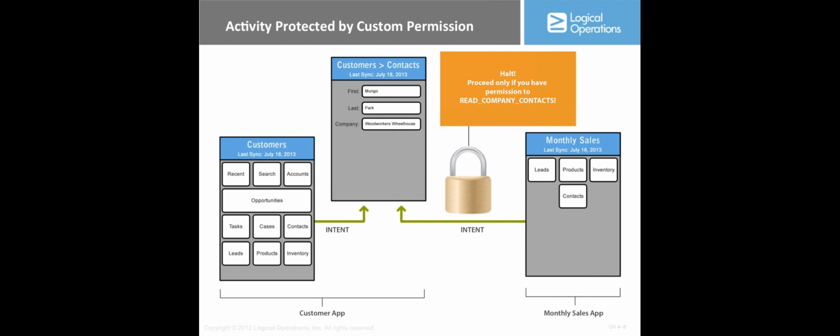So how do we define the interaction between applications? For instance, the monthly sales app has one user interface, and then the customer app shows that Bob is a customer and his company is blah.